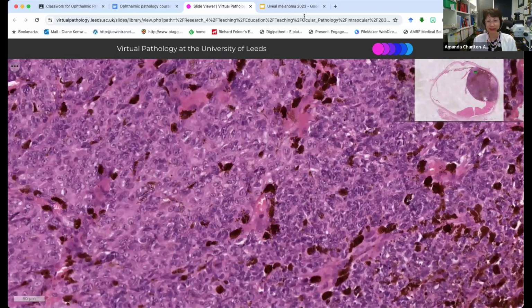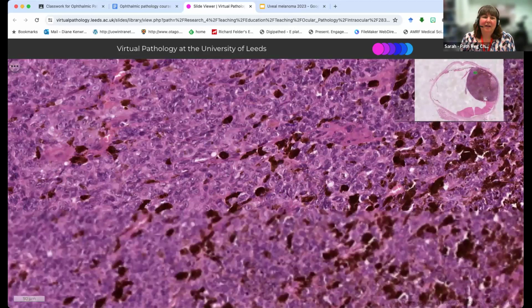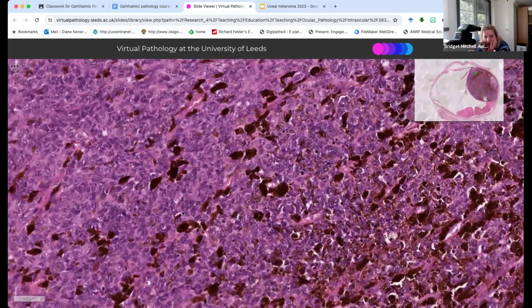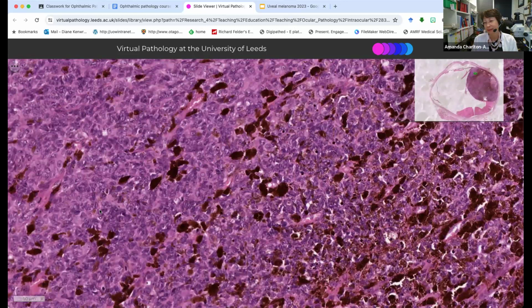More than 10% to be a mixed. I think some of the areas have got some spindled cells in them, cells that don't necessarily have all the cytoplasm with them. So when we're marking, we will take a clear photo of a clear area for you to write your exam on.